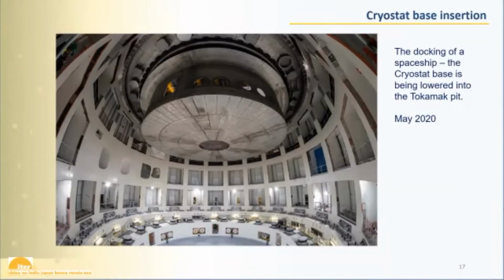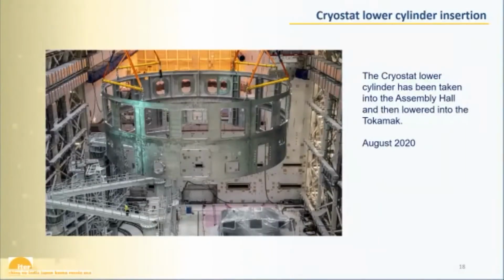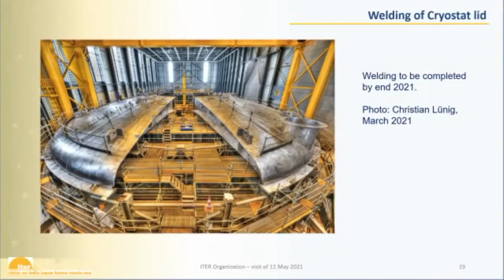That was quite a goosebump feeling, I can tell you, even for the old fusion guys. Then the lower thermal shield followed, lower cryostat cylinder followed. So all these are super big lifts, which show you that we don't think small here at ITER.